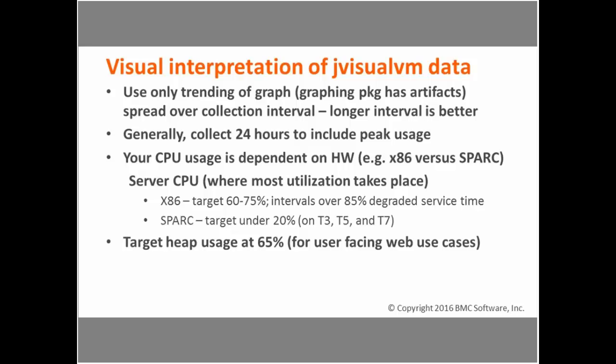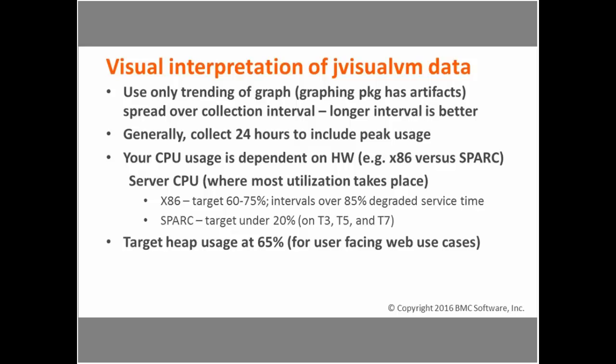And lastly, this point is just to recap what I said earlier about the hardware. When I interpret the trending of the graph here, like the CPU trend, on x86 you can target about 60-75% utilization. If you get over the 85% trend on the CPU, you will see degradation in service time, and that's something you don't want because you want your users to experience good response time.